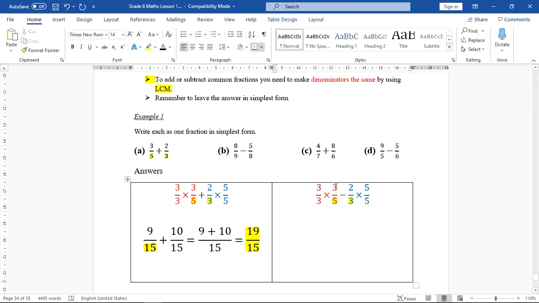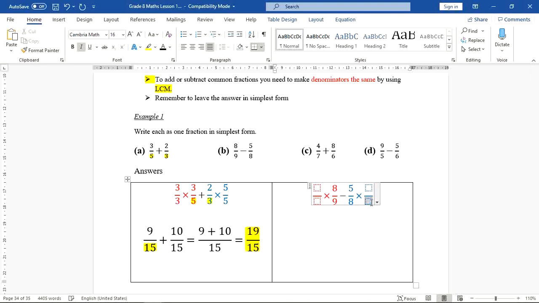Then I change this to nothing for now. This should be 8, and this should be 9, this should be 5, and this should be 8.